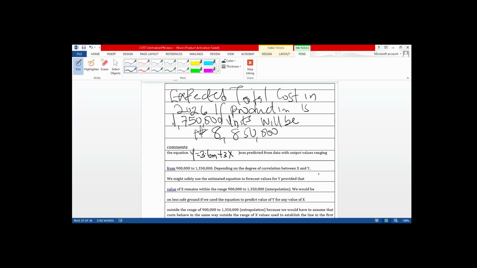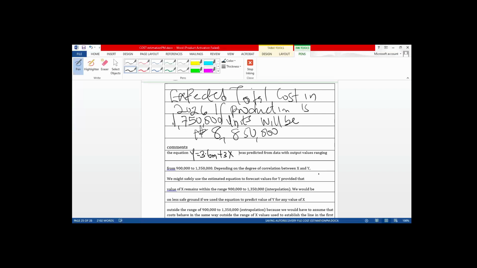We will be on less safe ground if we use the equation to predict value for Y for any value of X outside this range. What we are saying is that we have estimated our cost equation using a range between 900,000 units and 1,350,000 units.